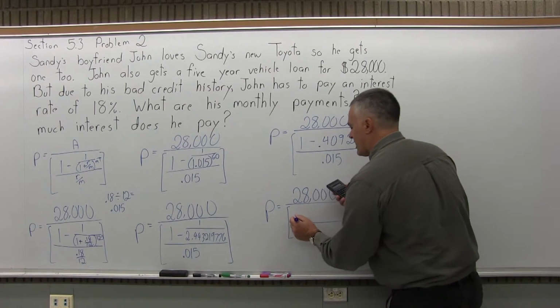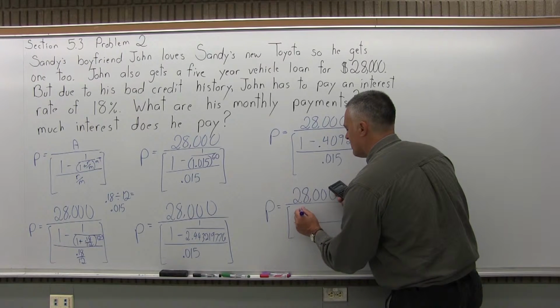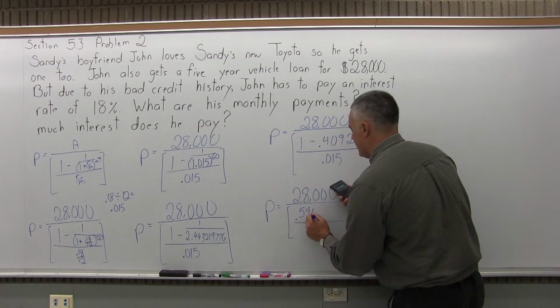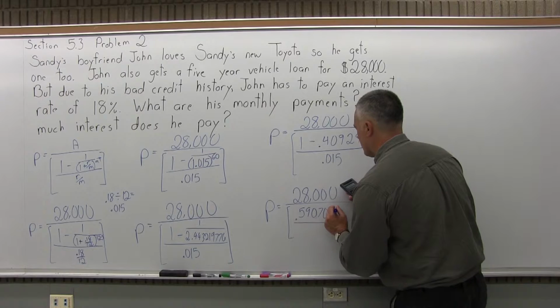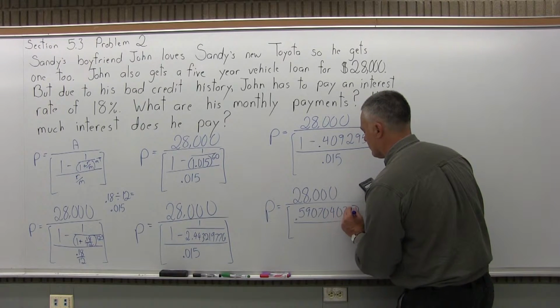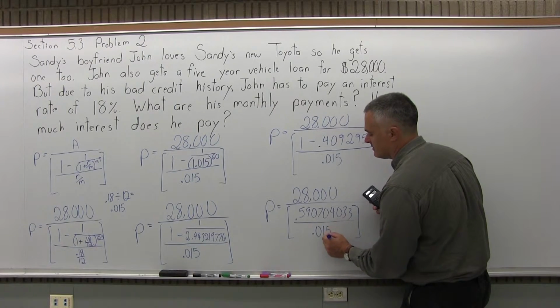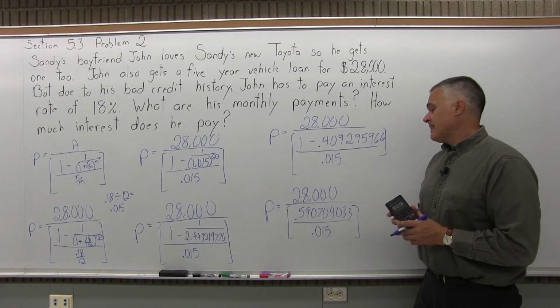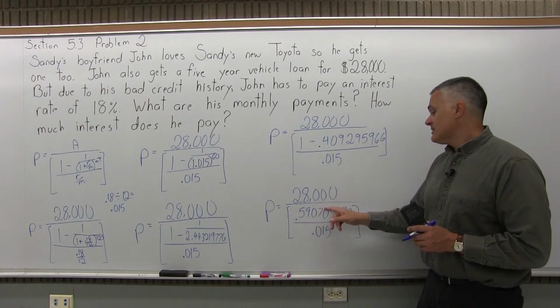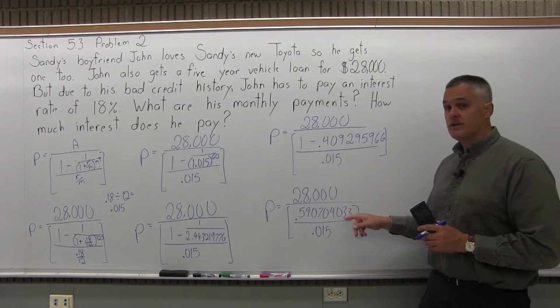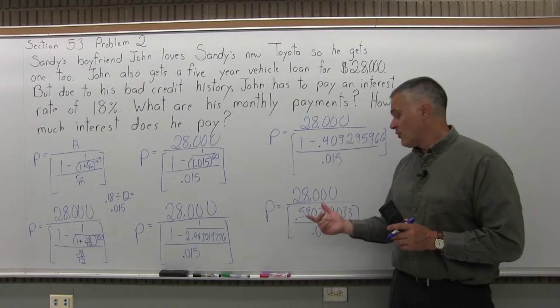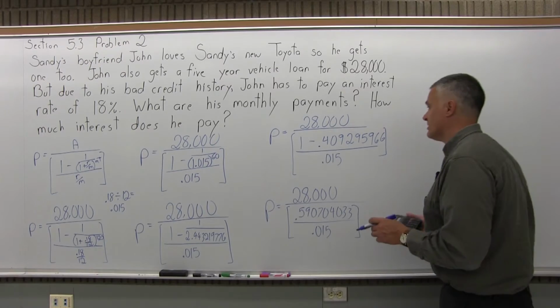The numerator of the brackets will be 0.59070433, and the denominator of the bracket is 0.015 still. Now if I divide 0.59070433 divided by 0.015, I'll have 1 number in the brackets, which will be good.